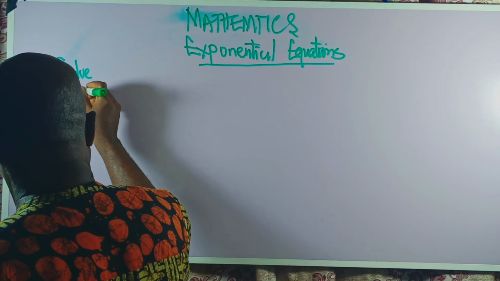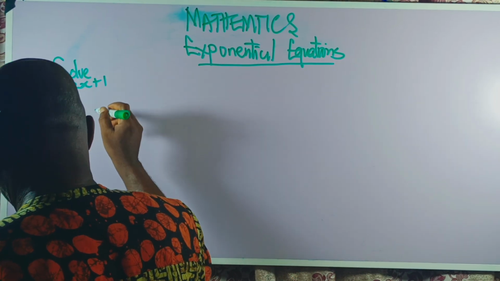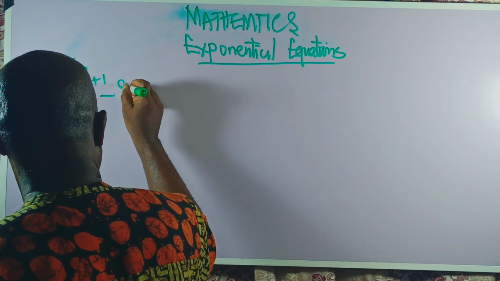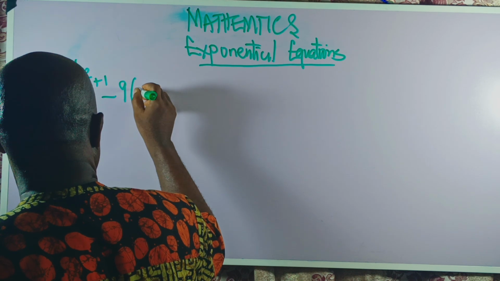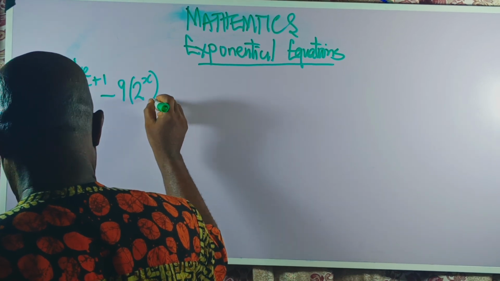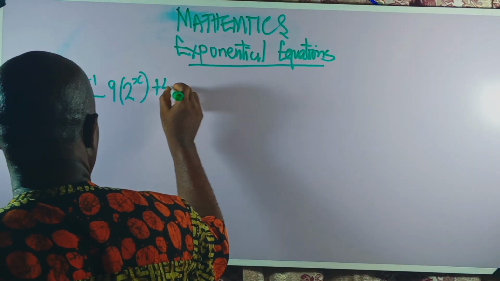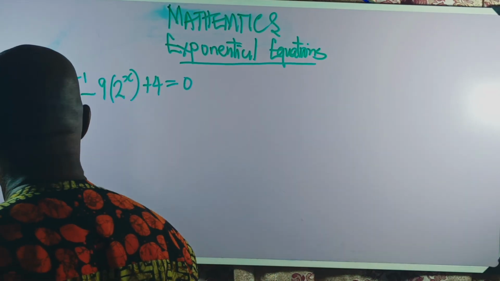2 raised to the power 2x plus 1 minus 9 raised to the power x plus 4 is equals to 0.